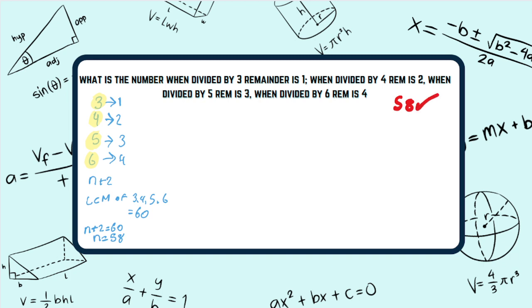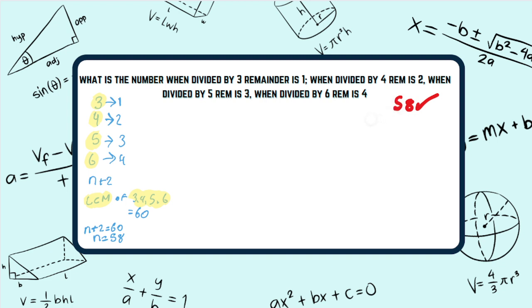Now, notice how I said this is the lowest number that has all these properties, but it's not the only number that has all these properties. Since we only considered the least common multiple of 3, 4, 5, 6, we got the least value of n.